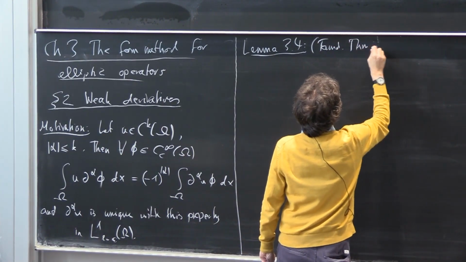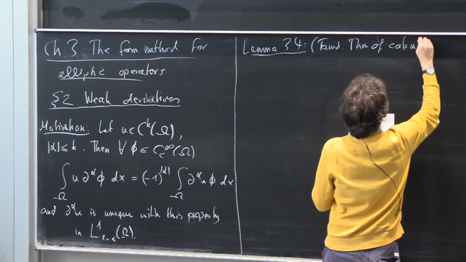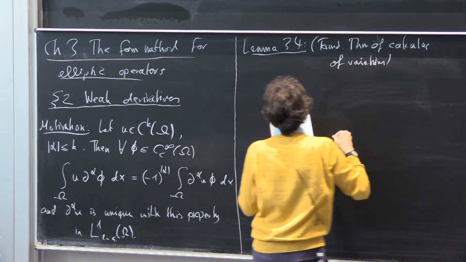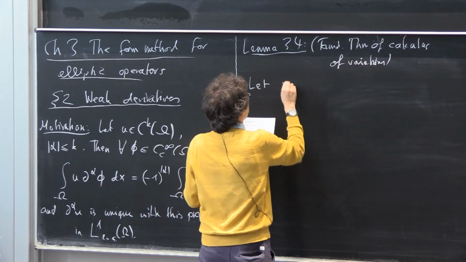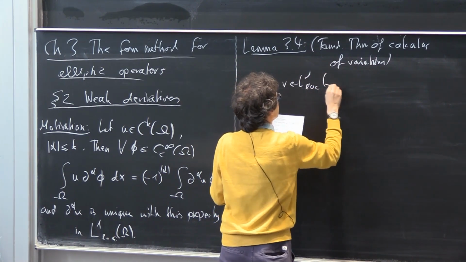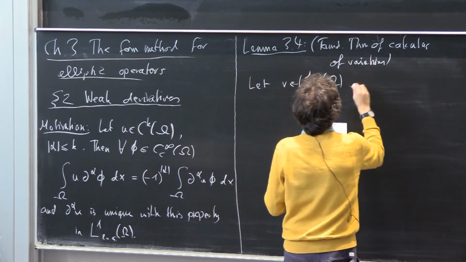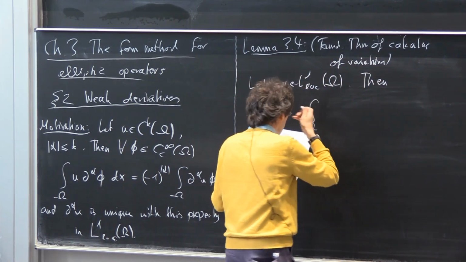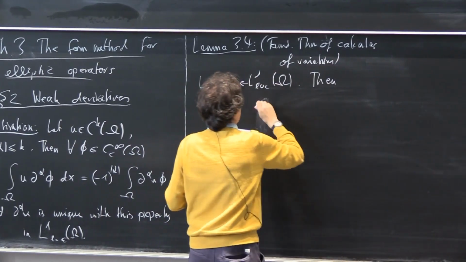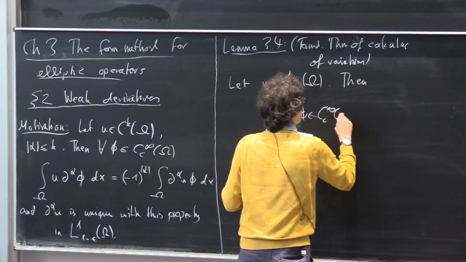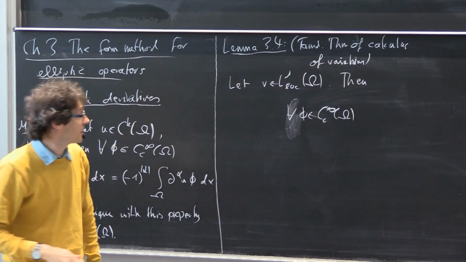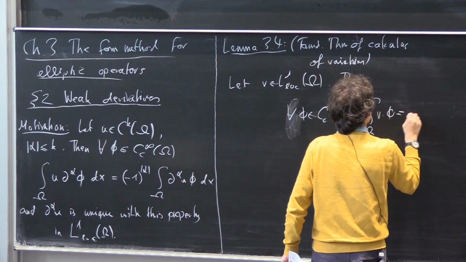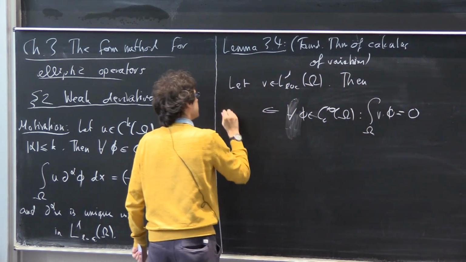It tells you, if you have a locally integrable function v, and you know that for all test functions phi, so for all compactly supported, arbitrarily often differentiable functions in omega, the integral over omega of v times phi is 0, then this implies that v is 0.